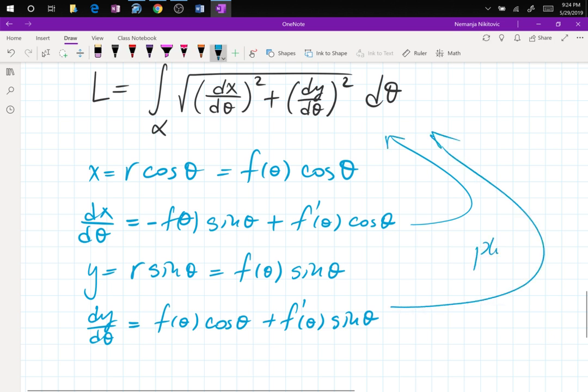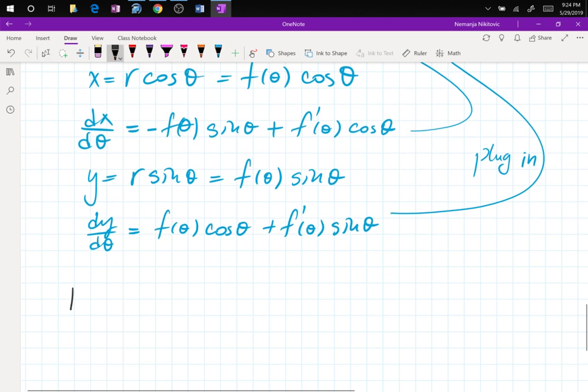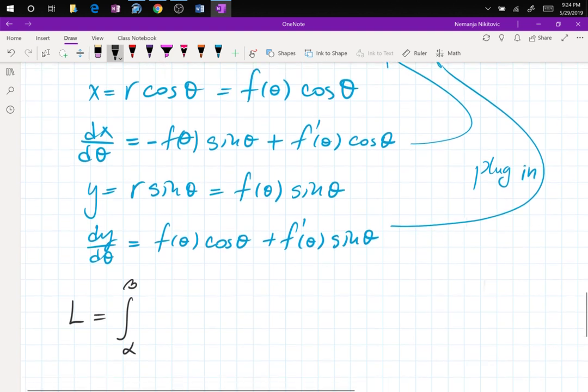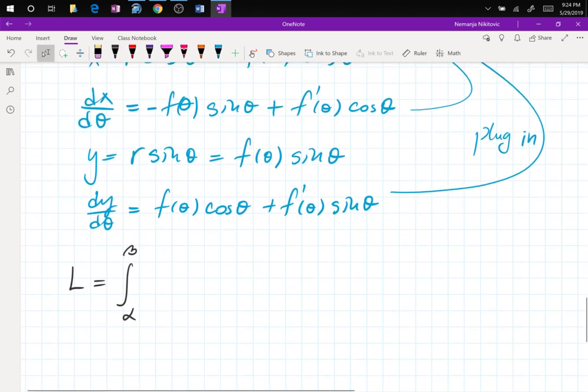So now plug in. When we plug this in, we get L equals integral alpha to beta. And now I have to, oh, kill me now, I gotta square all of this.